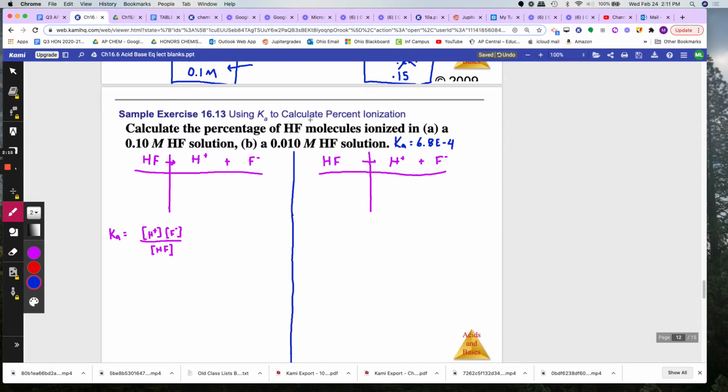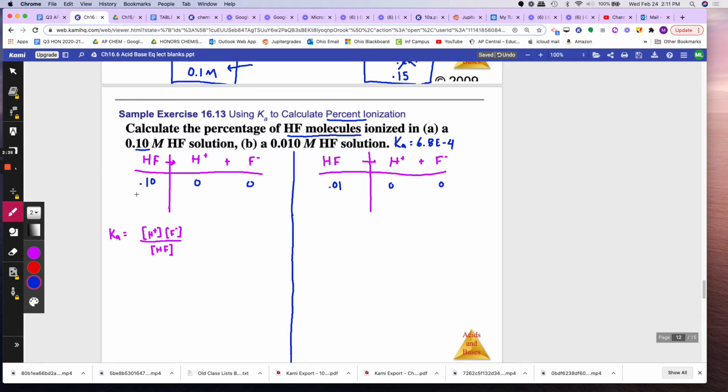Using Ka to calculate the percent ionization, calculate the percent HF ionized in 0.1 molar HF. So you have HF going to H plus and F minus. In the first beaker, you have 0.1 molar. In the second beaker, you have 0.01 molar. So this is 0 initially, 0, 0.